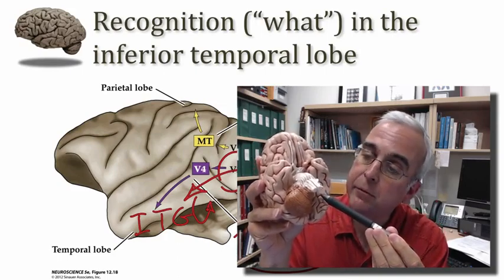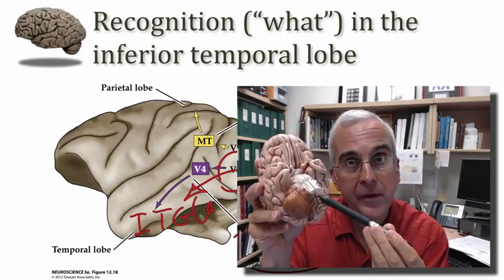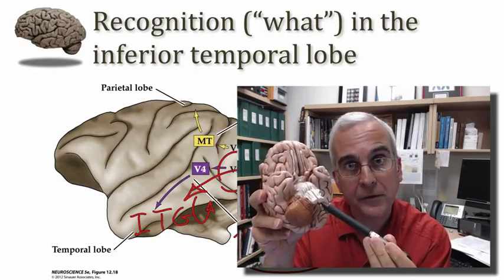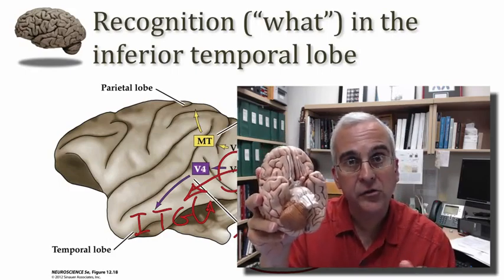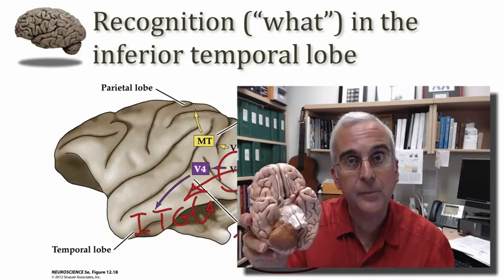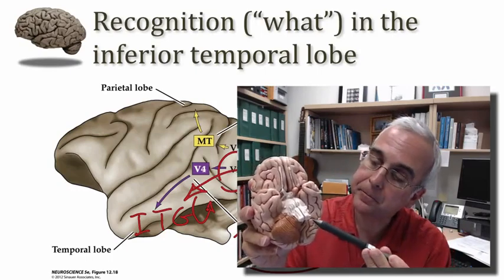In fact, there's a region of the posterior part of the lateral occipital temporal gyrus that's sometimes called the fusiform gyrus because of its shape that's often seen in many human brains, a spindle-type shape or a fusiform shape.